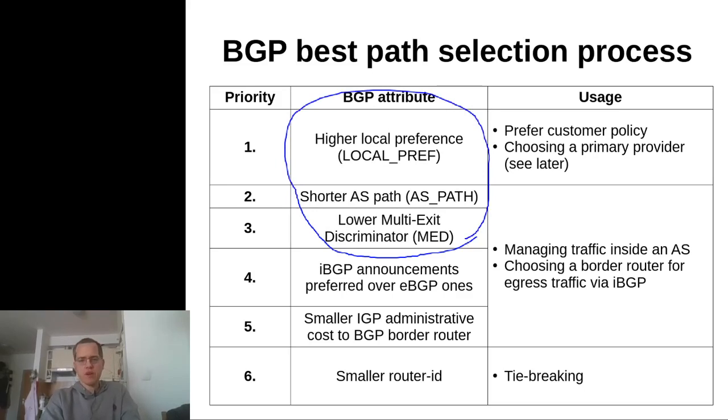Only when local preferences are equal, we go to the AS path length attribute. If the AS path length is also equal, then we go to the multi-exit discriminator. So the smallest multi-exit discriminator attribute value will be used as a tiebreaker. What this MED BGP attribute actually is will be made clear later on, etc.